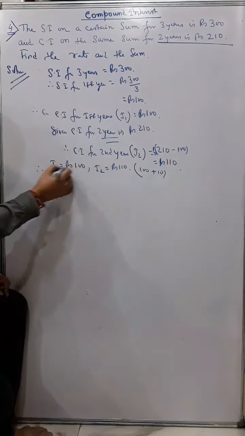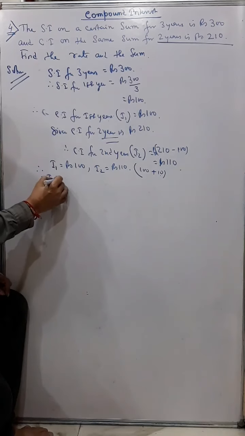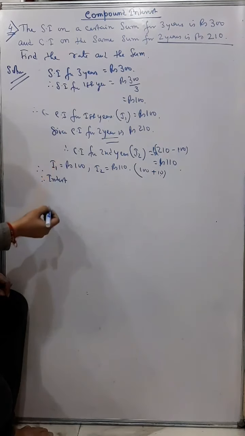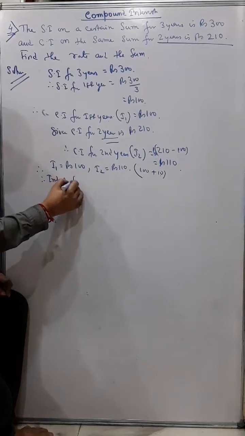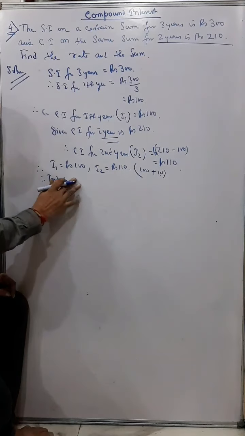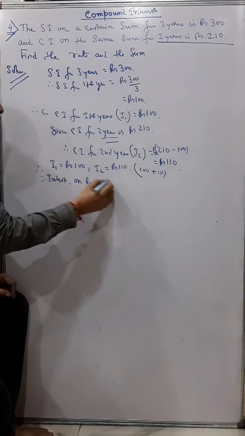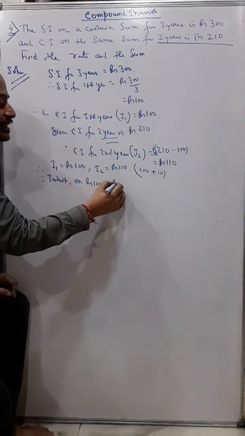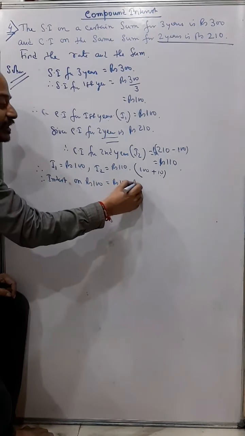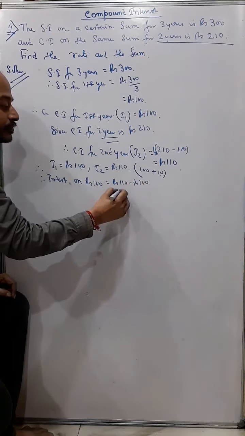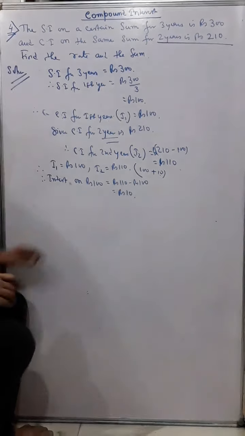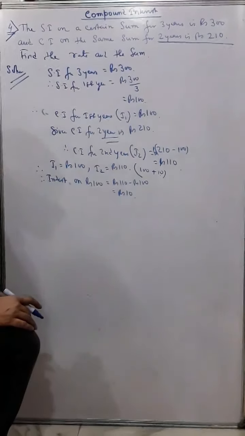So from this two I can say therefore interest, now as I have done in number 3, on rupees 100, this means on the rupees 100 how much interest has been charged? 110 minus 100. That means on rupees 100, 10 rupees interest is charged.